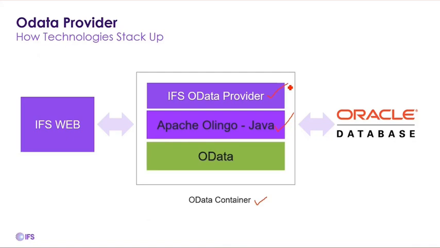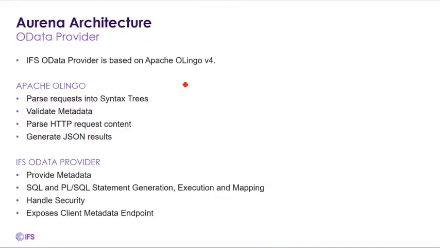Apache Olingo will perform the general OData validations. For example, it will parse the URL into syntax trees, validate our URLs to make sure that is OData compatible. It will also validate requests and responses and so on. Now, if we again compare Apache Olingo and IFS OData provider, simply IFS OData provider uses Apache Olingo to perform these OData specific tasks.